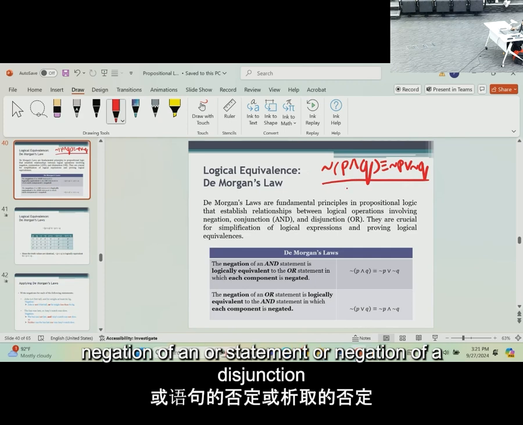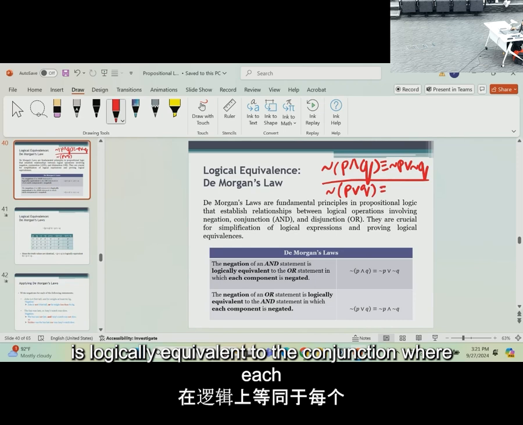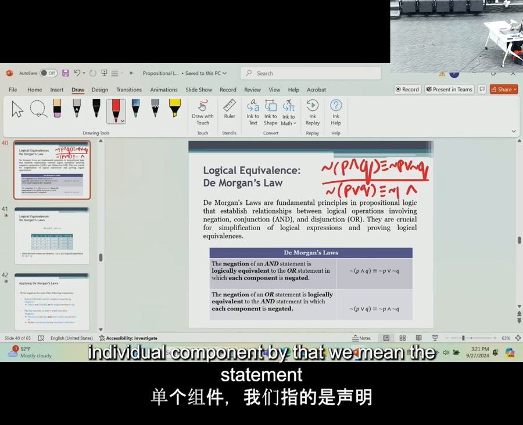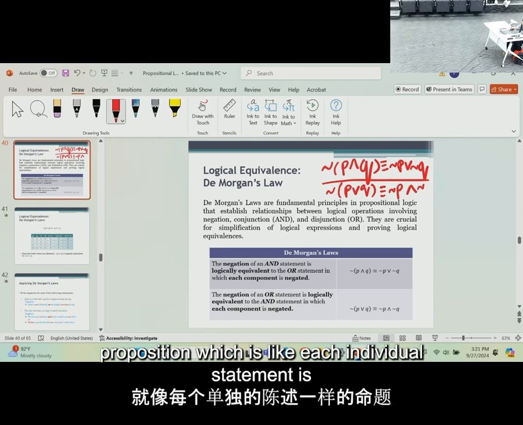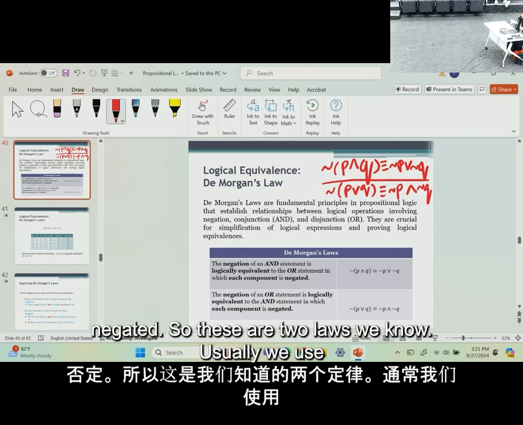The second one is the negation of an OR statement, or negation of a disjunction, is logically equivalent to the conjunction where each individual component, by that we mean the statement or proposition, is negated. So these are two laws.